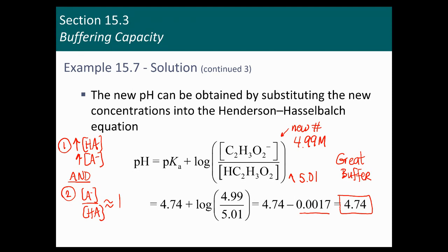That's going to make for a really great buffer, because then when you add a strong acid or a strong base, the change here is very small, and the pH stays around the pKa. So this is a really important slide to understand as far as the numbers. To prove this to you, let's look at the same buffer, but with smaller concentrations.